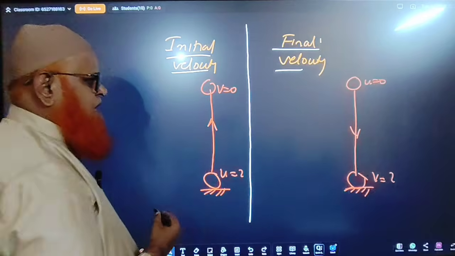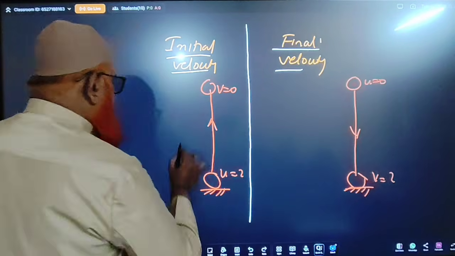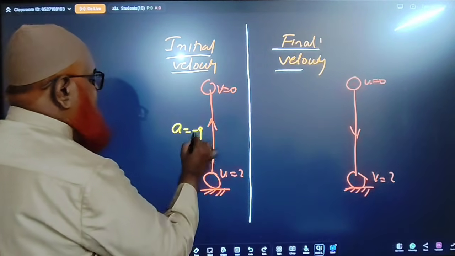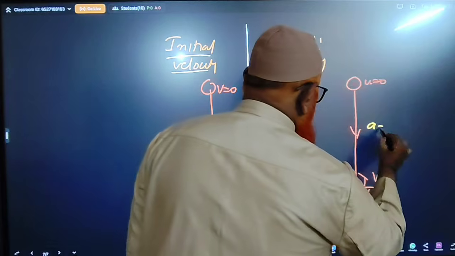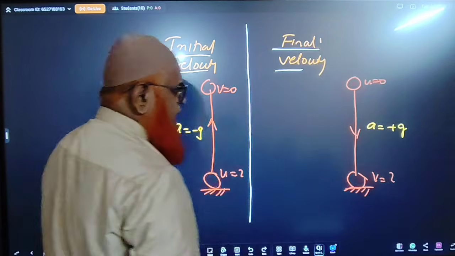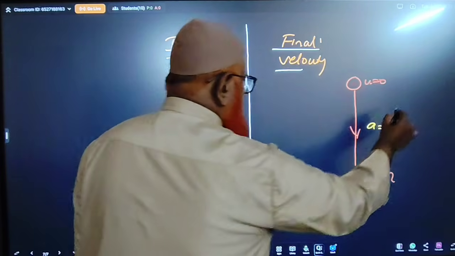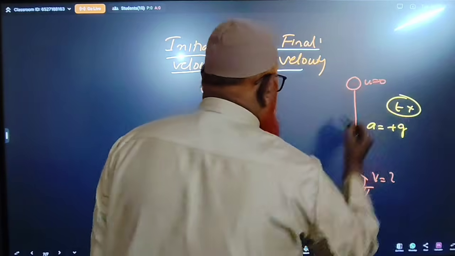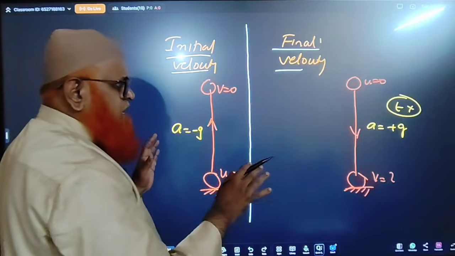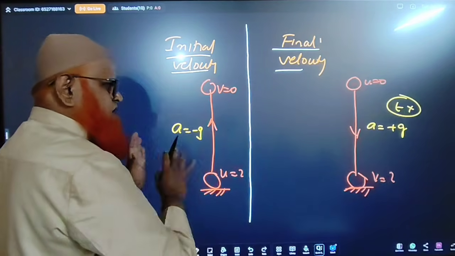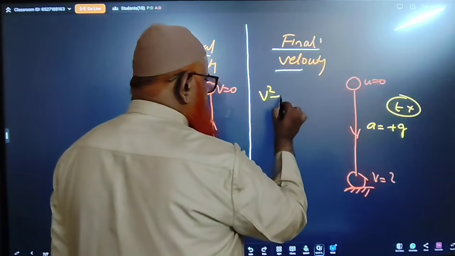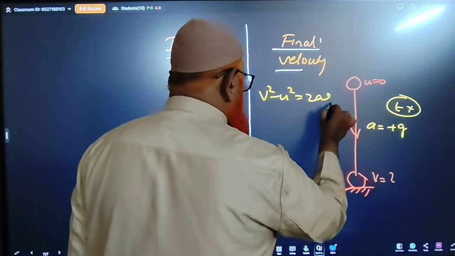How do you find this out? In all the cases, it is understood that A is equal to minus G here, and A is equal to plus G here. The formula we are going to use is the one where there is no discussion of time. It is asking final velocity, initial velocity, that's it. So we use the formula V square minus U square is equal to 2AS.